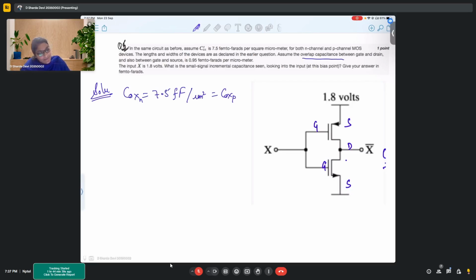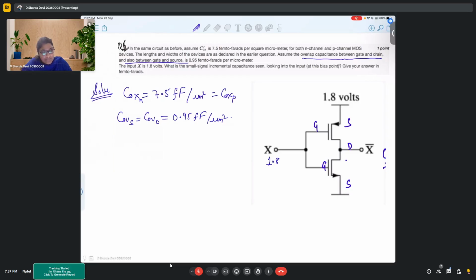Assume the overlap capacitance between gate drain and also gate source are 0.95 femtofarads per micrometer, and the input is now 1.8.